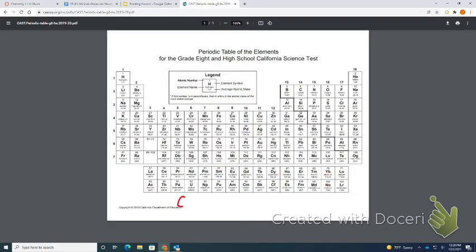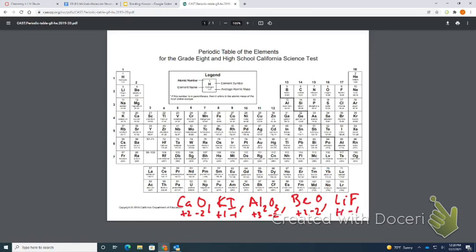We have to rank CaO, KI, Al2O3, BeO, and then LiF. All right, so CaO is +2, -2, KI is +1, -1. This one's interesting. Al2O3 is +3, -2, BeO is +2, -2, LiF is +1, -1.